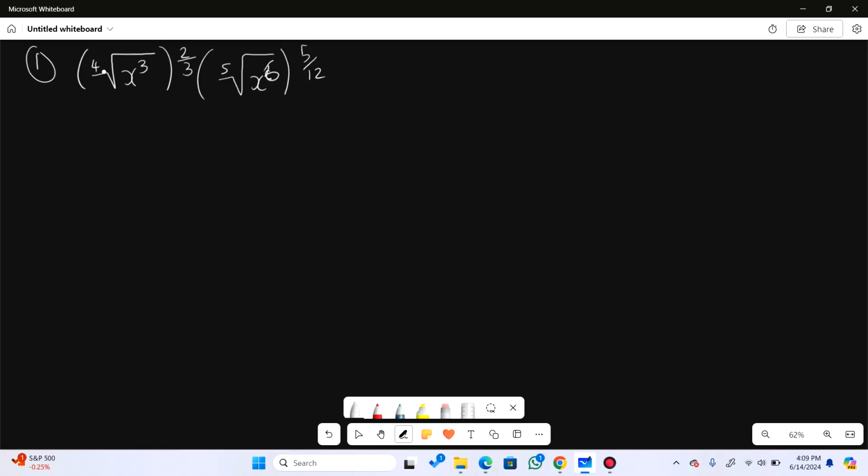Okay, so let's first start to simplify what's inside the bracket. So we have x, remember this will be 3 over 4, right? Remember the numerator becomes the power, and then the denominator is the root of the base, and this is times, of course, 2 over 3, then times 5x^6 over 5, all divided by 12.